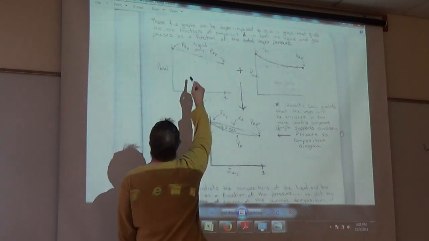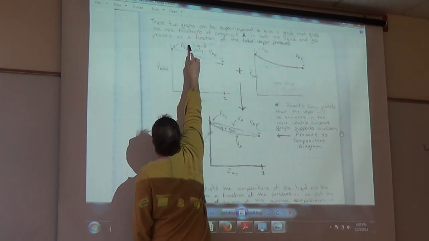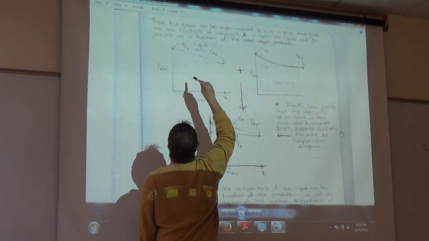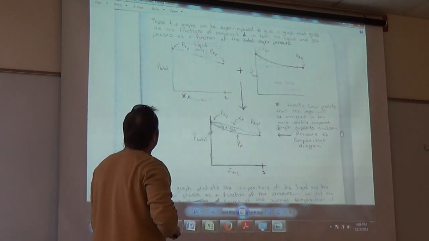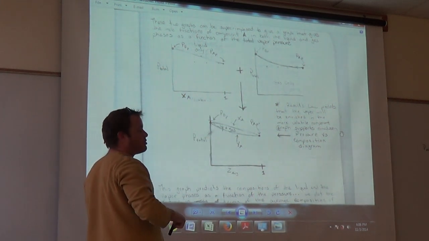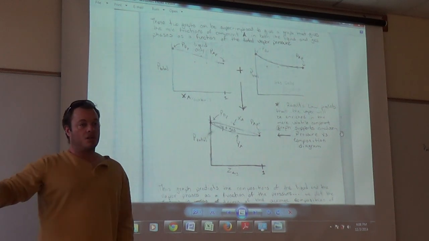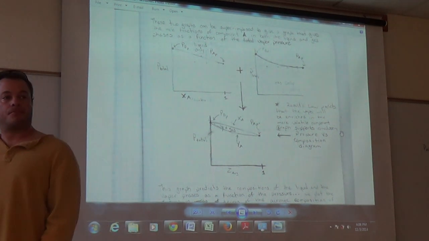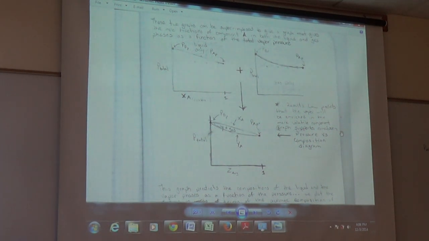If you begin to lower the pressure, at some point you get to the point where the external pressure and the vapor pressure are the same, and at that point, what happens? Then you have an equilibrium.